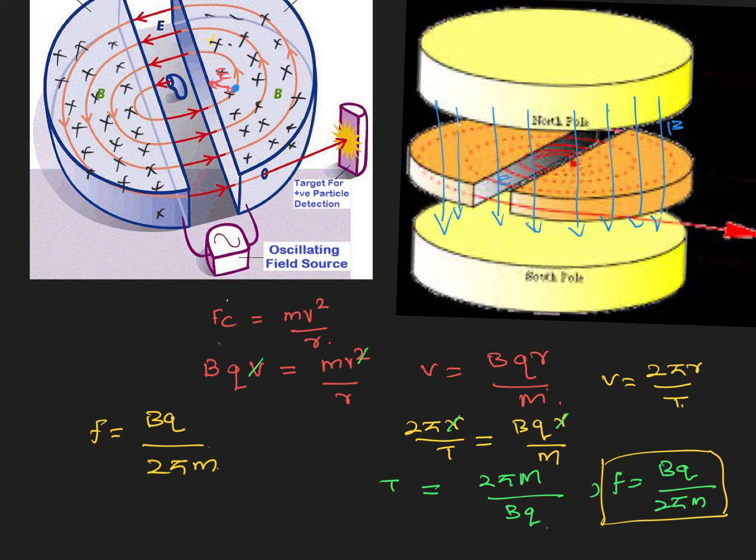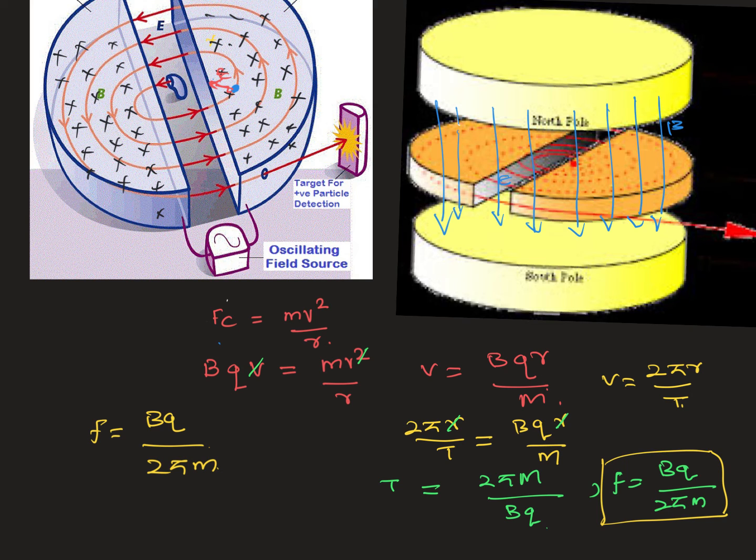This is quite an interesting one, because for a cyclotron to function properly, this frequency should be equal to the frequency of these circles, and this is a constant because B is constant, Q is constant, and the mass is constant. And we're using a standard alternating electric source. If we consider the relativistic effect on these accelerating particles in terms of mass, we know that if the speed is close to the speed of light, the mass increases.